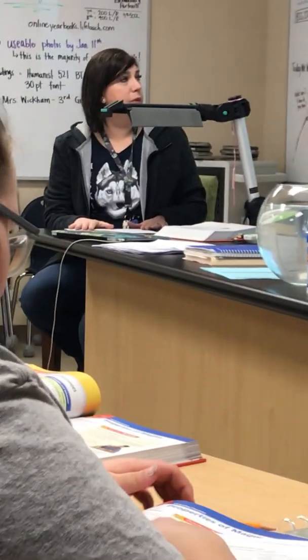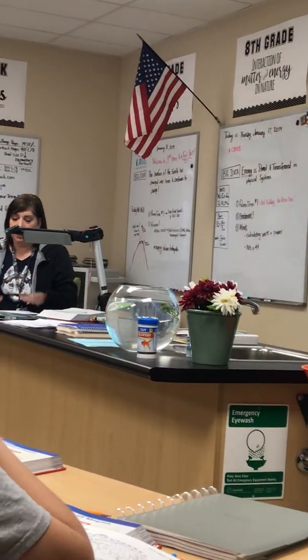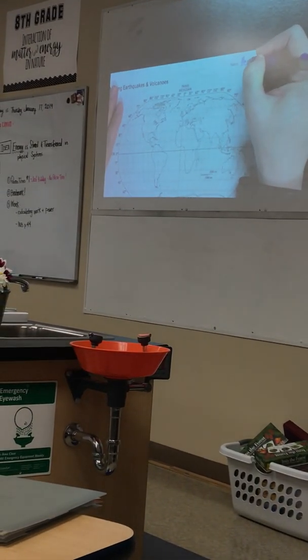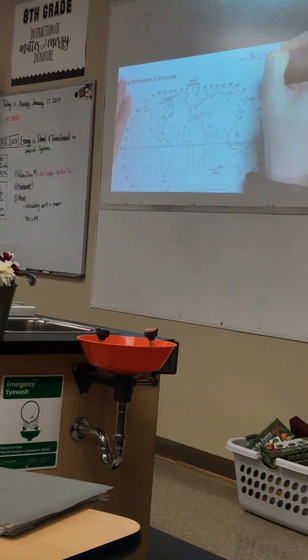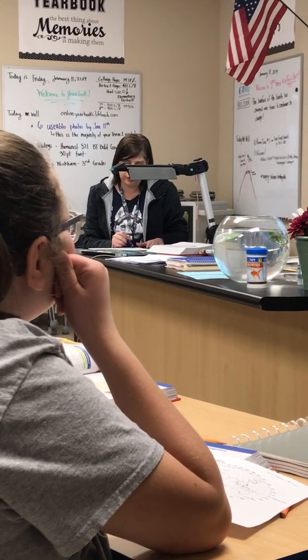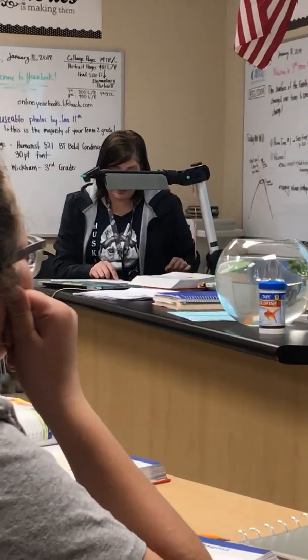So if you look up here at my paper, first things first, of course, I'm gonna put my name on my paper. So you can put your name on your paper too, really fast. Okay. Alright. Now we have this map and we've got latitude and longitude. And we're going to first make our key here.